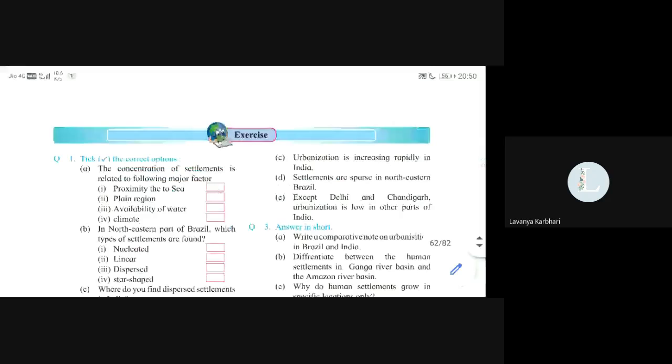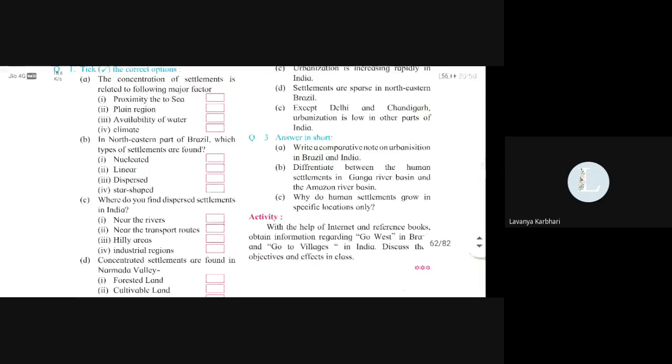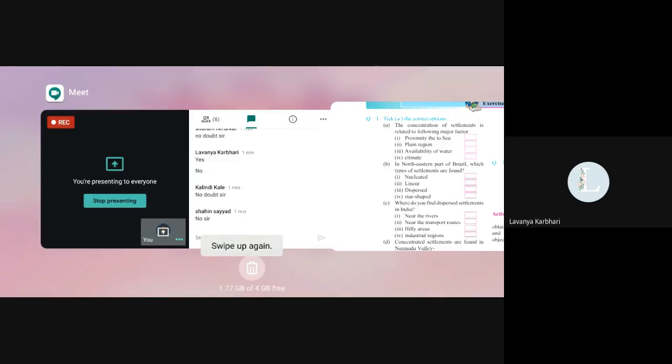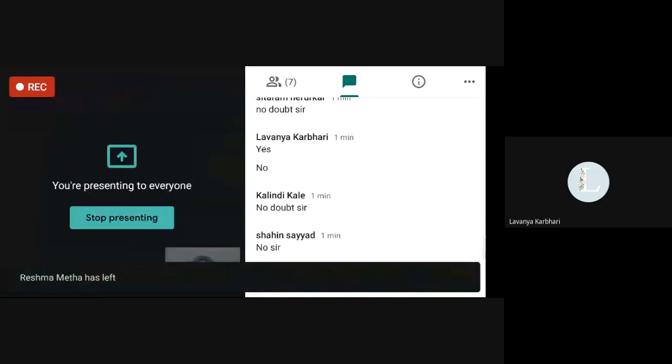Also, here is the exercise given for you people. You have to take the correct answer. This is exercise for you. I will post it on the Google Classroom. Kindly check the Google Classroom and complete that exercise.